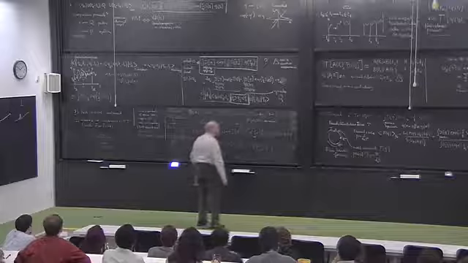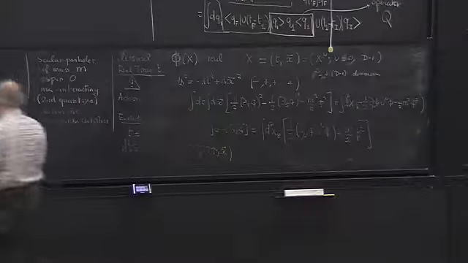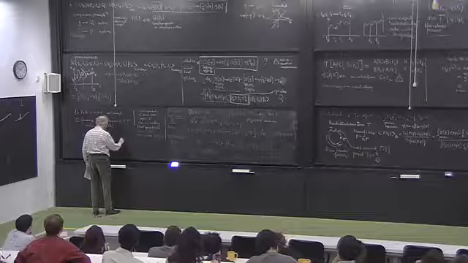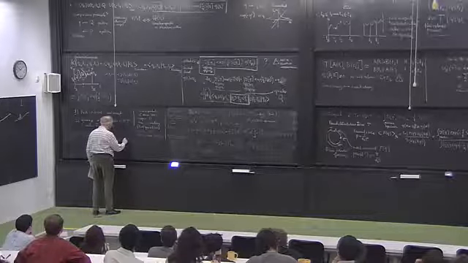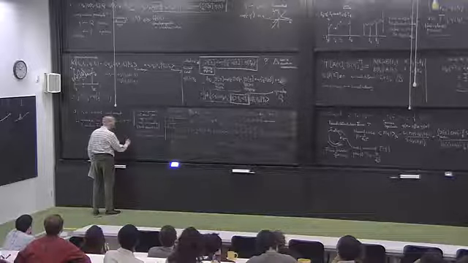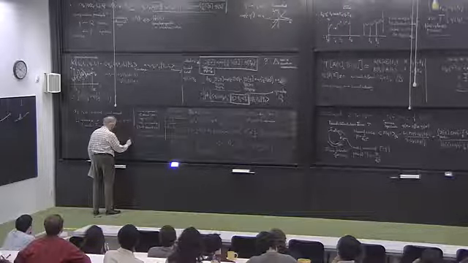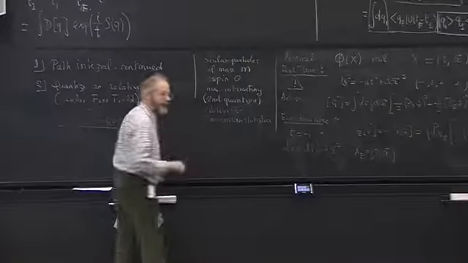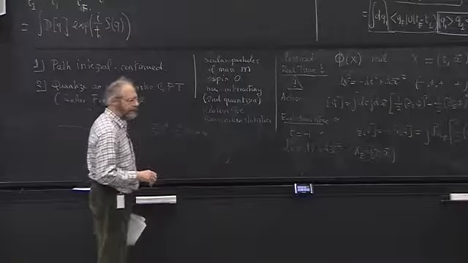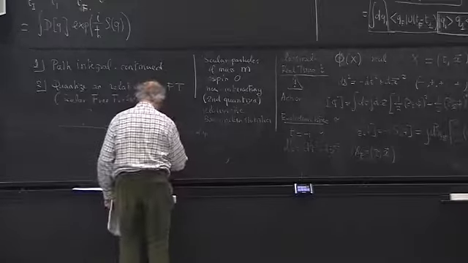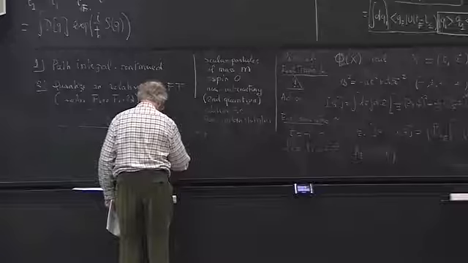But if you take a solution of the equation of motion, for instance, the equation of motion here will be d squared over dt squared of phi plus d squared over dx squared of phi, I'm sorry, plus m squared phi. Or you can go to the Fourier transform and write phi hat of omega, k.